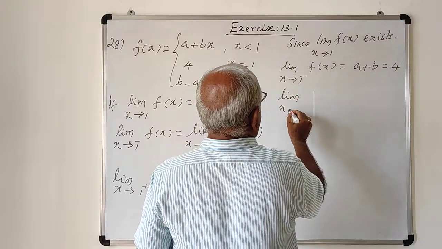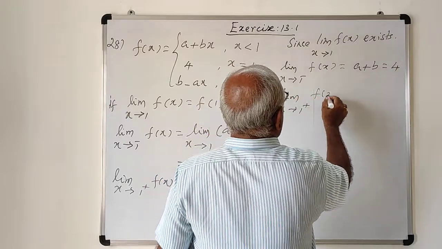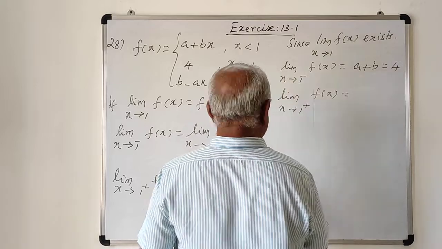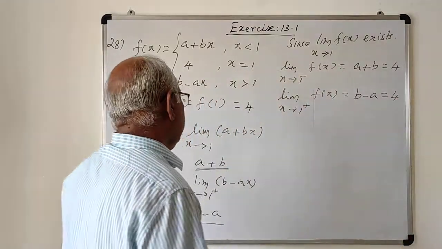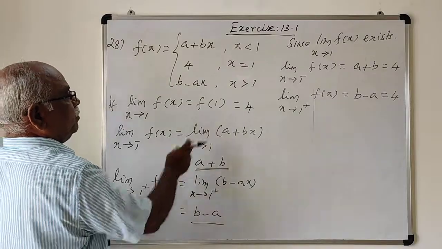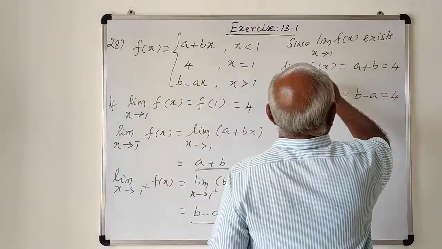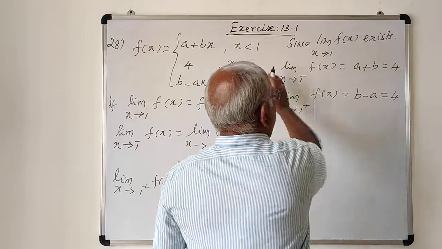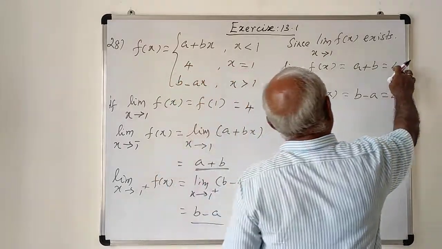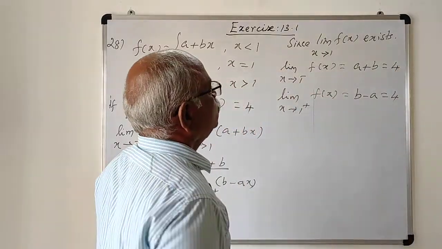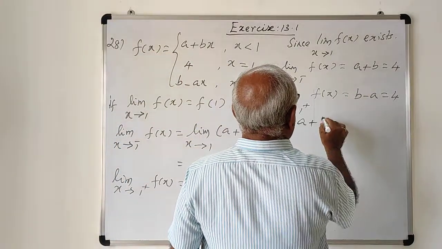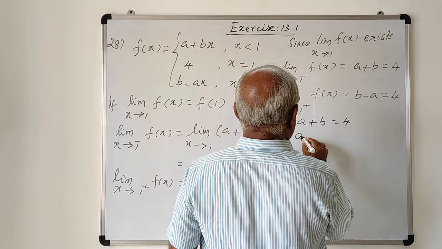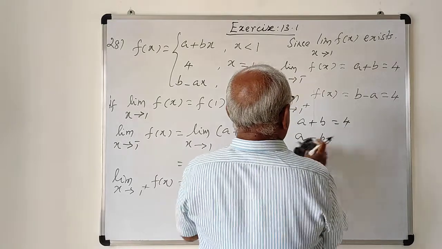Similarly, limit x tends to 1 plus f of x is b minus a. This is also 4, because since the limit of f of x exists, left and right limits are equal. Both are equal to the value 4. Solving these equations, a plus b equal to 4 and b minus a equal to 4.